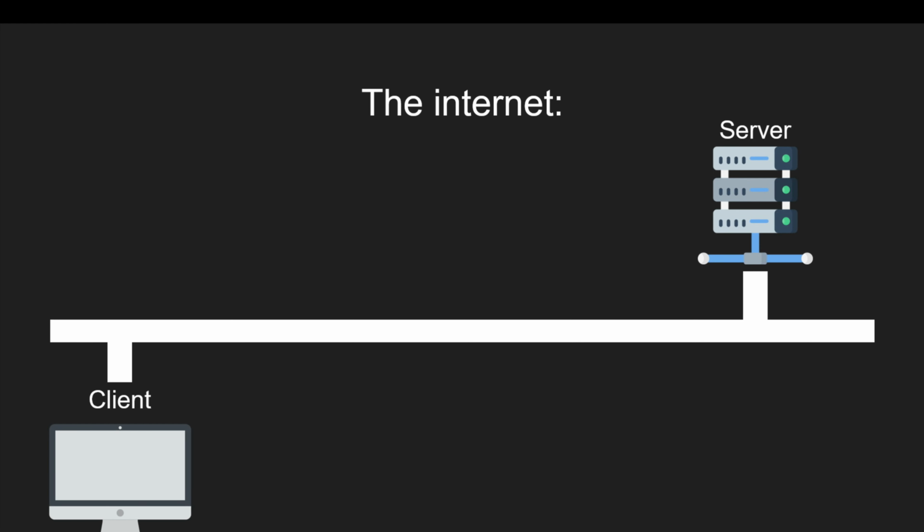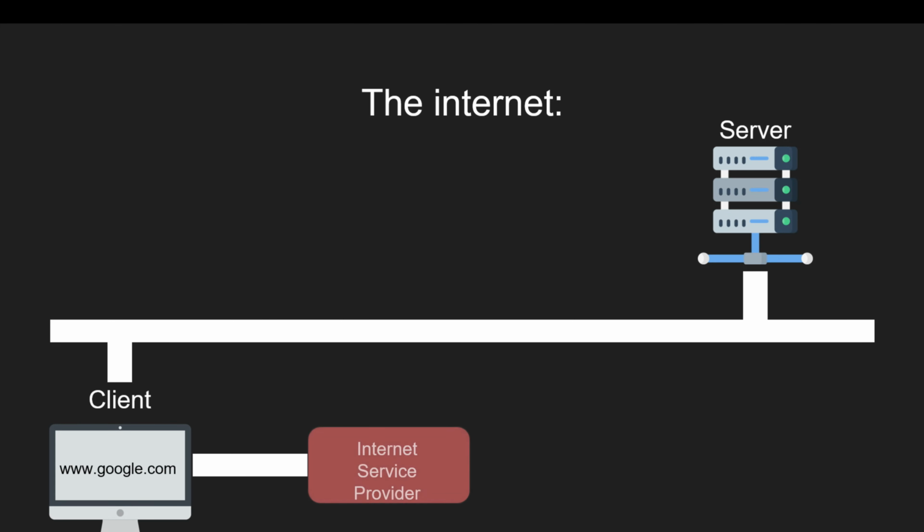Well, here is what the internet would look like in our scenario. Our client is on the bottom left, and let's say that we search up www.google.com. Well, this request will first be sent to the ISP, also known as the Internet Service Provider. And the ISP can be Rogers or Bell.